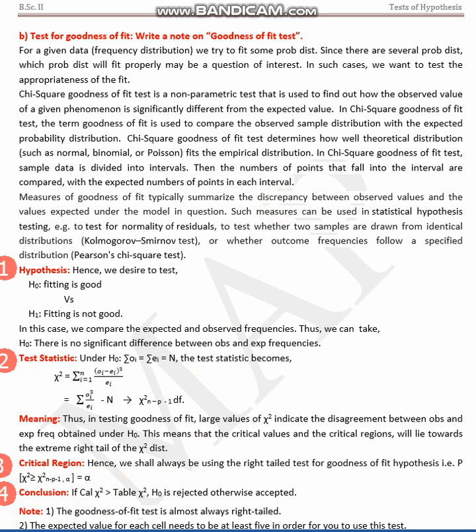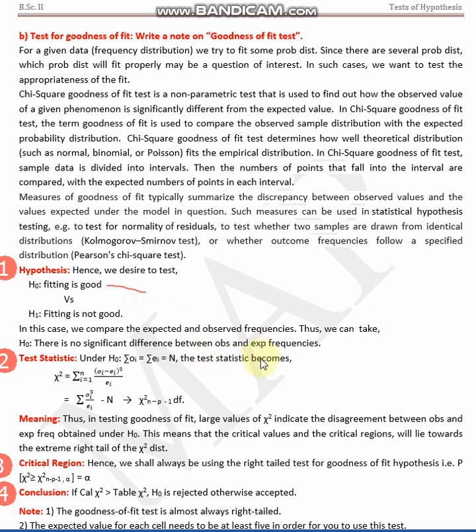So what is the hypothesis in this case? The hypothesis for this test is whether the fitting is good or not. So that is my null hypothesis. And what is the alternative hypothesis? The alternative hypothesis in this case is that the fitting is not good.